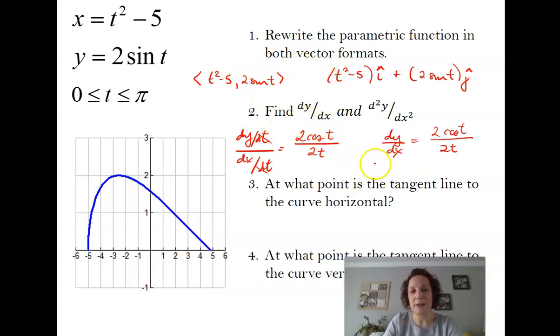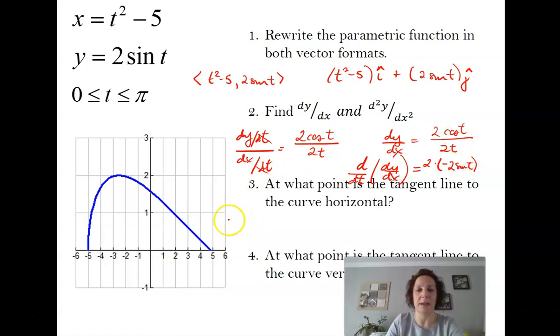When I take the derivative of dy/dx with respect to time, I have to use the quotient rule here, right? So denominator, derivative of numerator. Man, I wish I had more space. Negative 2 sine t. I can't do it. I gotta do it down here.